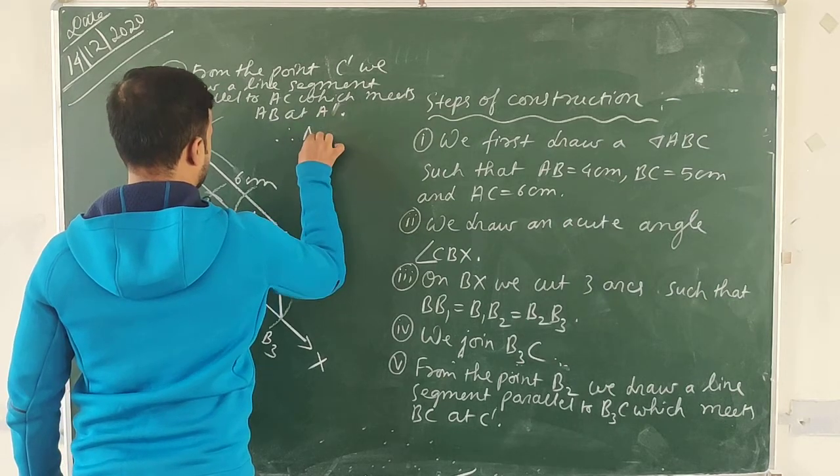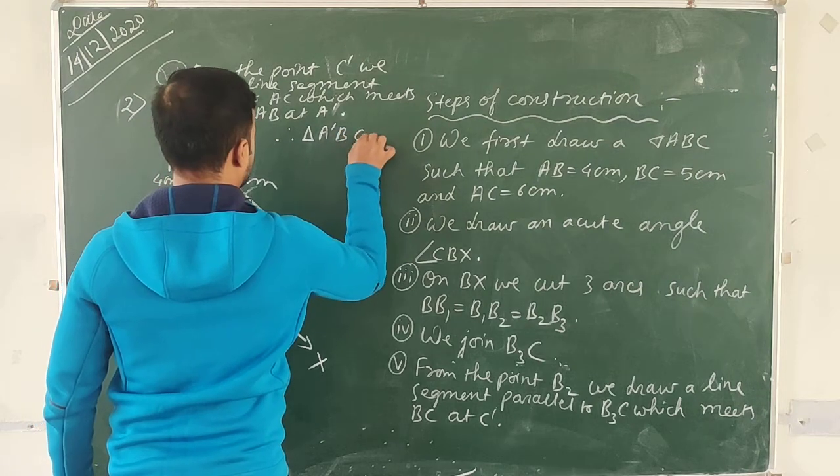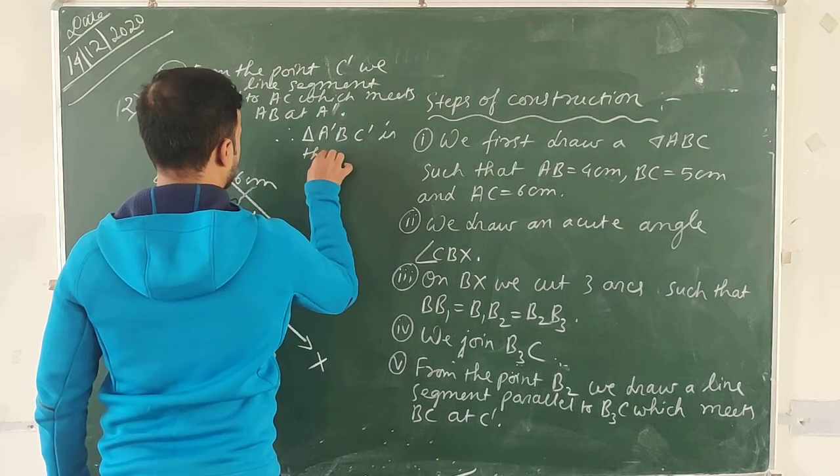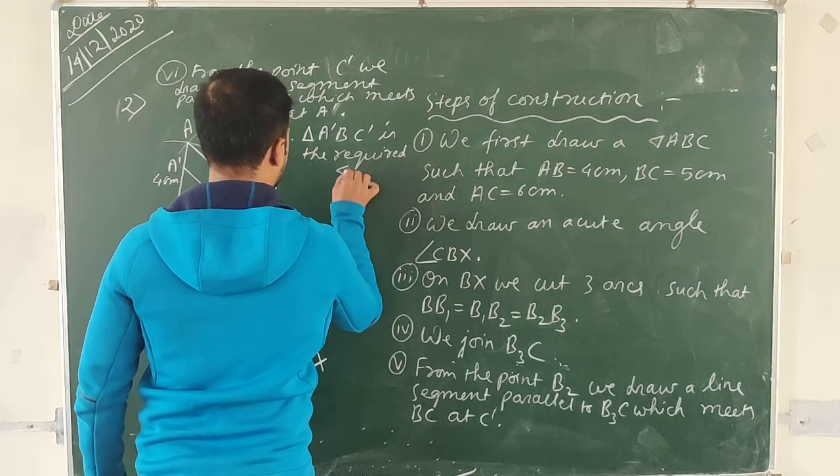Therefore, triangle A dash B C dash is the required triangle.